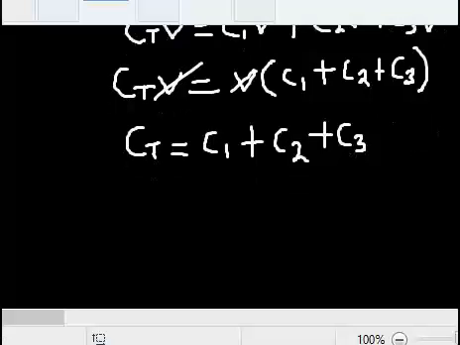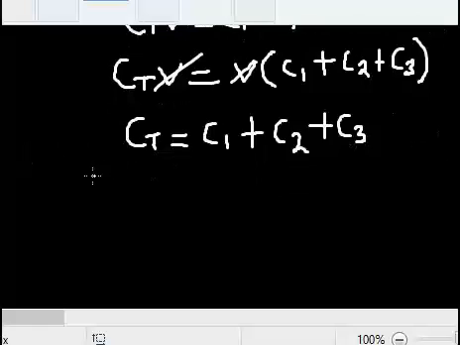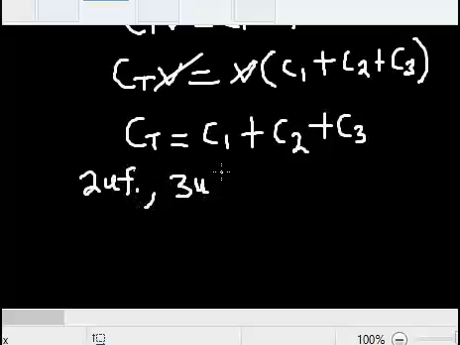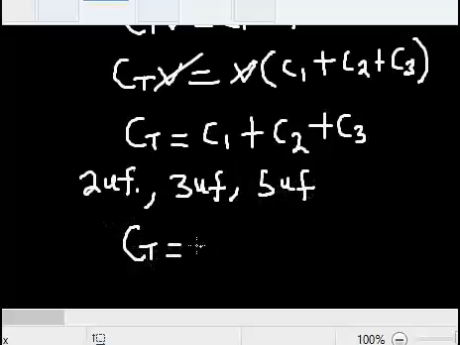Okay, so simply, if I had to bring, let's say, a 2 microfarad capacitor, then a 3 microfarad capacitor, and possibly a 5 microfarad capacitor, if I connect them in parallel, the total capacitance I'm going to have is going to be 2 plus 3 then plus 5.